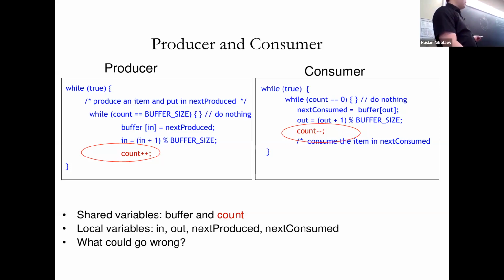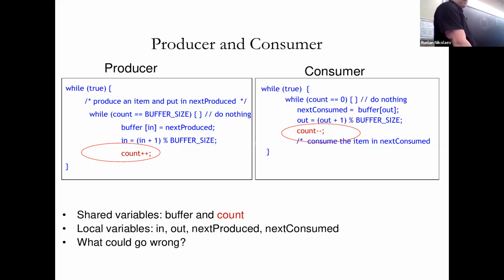If the buffer is empty, there is nothing to consume, so we'll just wait until we get some non-zero count, right? Then we read the next consumed element from buffer out, and do the same as for in. It's just different indices for producers and consumers, pretty much. And then we'll subtract count by 1.